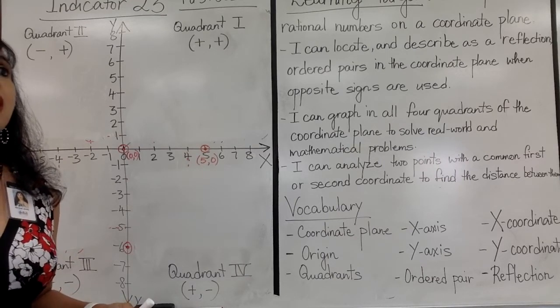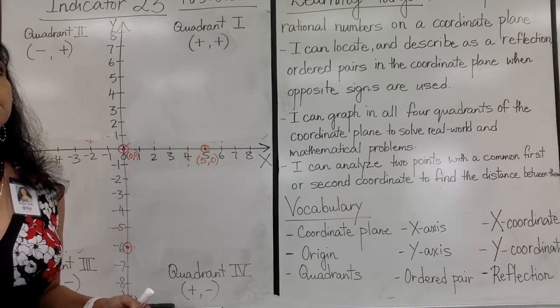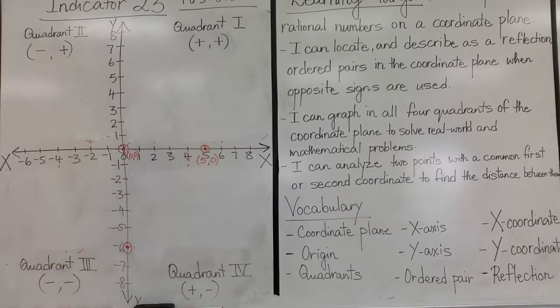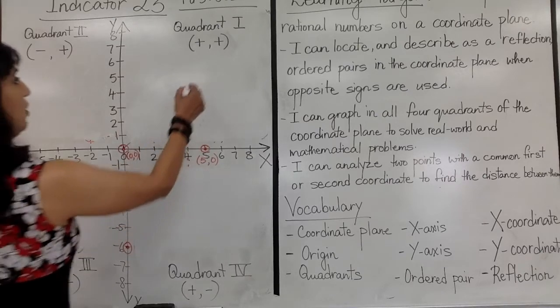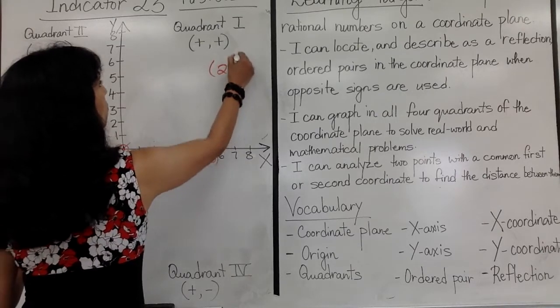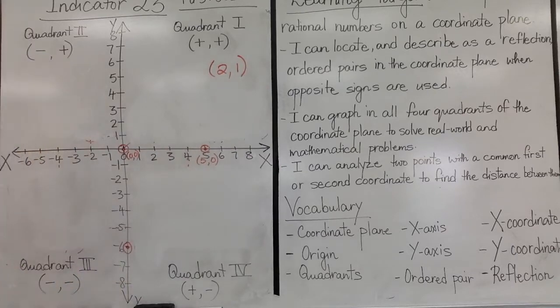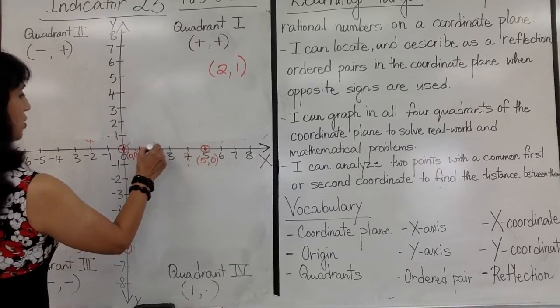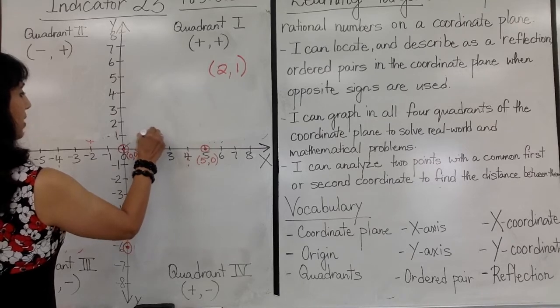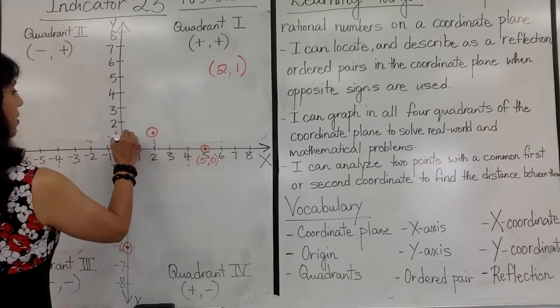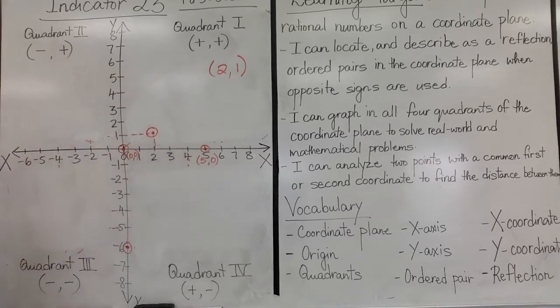So basically, if I give you 2, 1. So if I'm giving you 2, 1, and I say reflect it on the x-axis. Okay? So first you go and plot 2, 1. So this is 2 and this is 1. So this is my ordered pair.